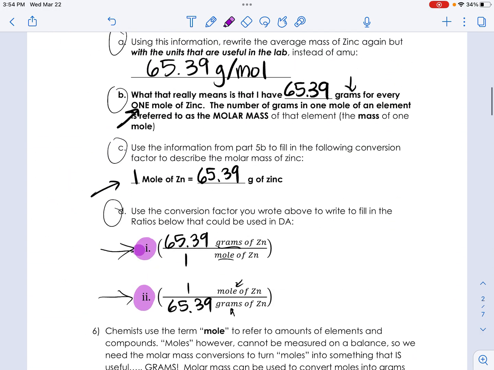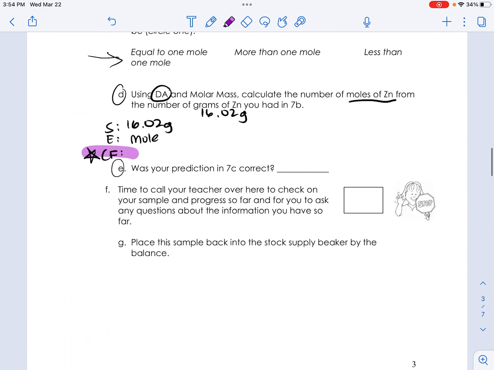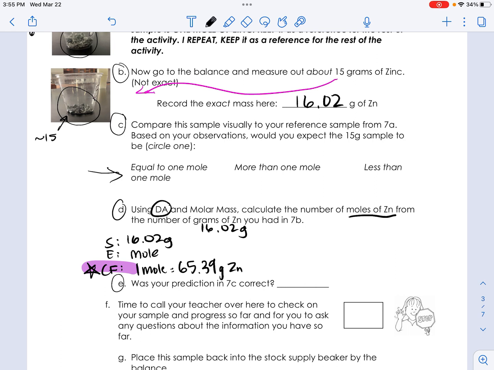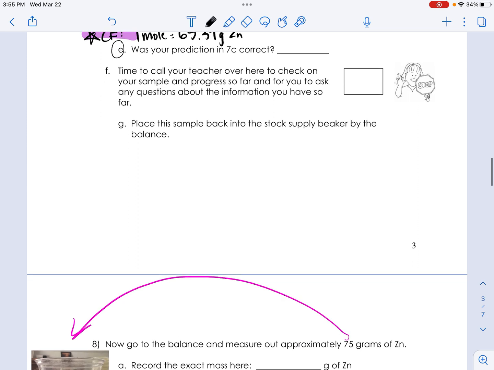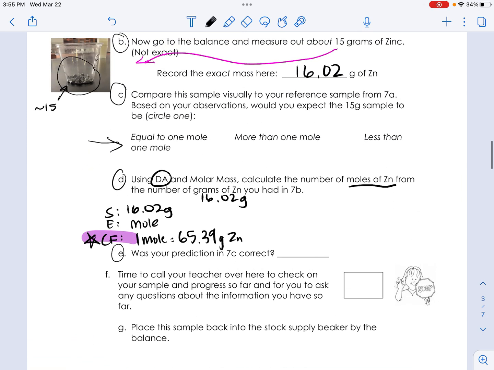But the point is that 1 mole of zinc equals 65.39 grams of zinc, okay? Your conversion factor is 1 mole equals 65.39 grams of zinc, okay? And then after you've set this up and mathed it out, you can say if your prediction in 7C was correct. So that's where you decided whether 15 grams was going to be more than 1 mole, less than 1 mole, or equal to 1 mole. All right, I'm going to scoot down, but you should pause and fill out the answers to the rest of these questions that I did not cover.